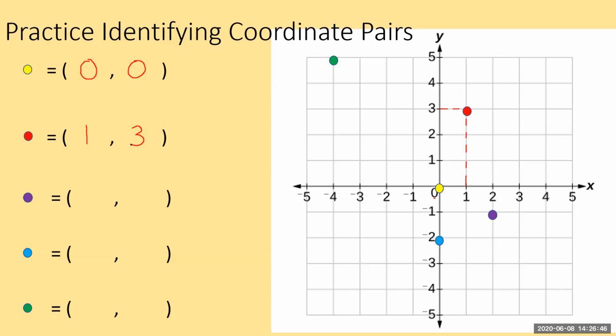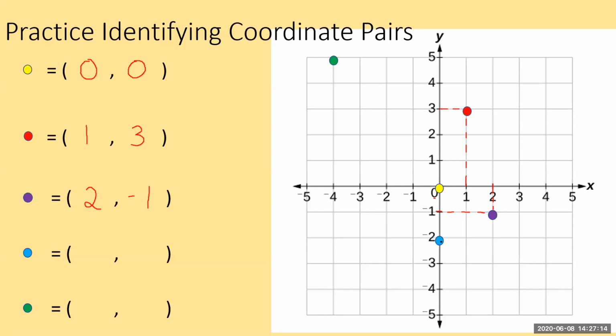So this red point is at (1, 3). All right, now on to the purple. The purple point is lined up with 2 on the x-axis, and it is lined up with -1 on the y-axis. So this purple point is at (2, -1).